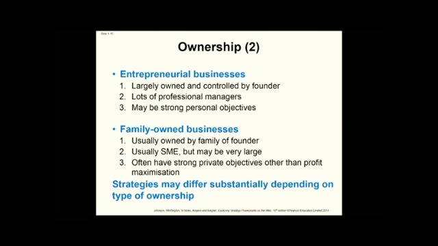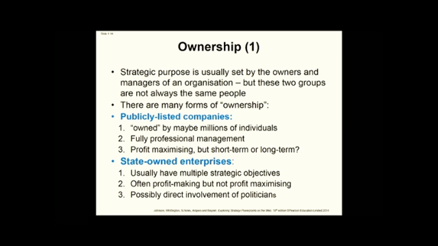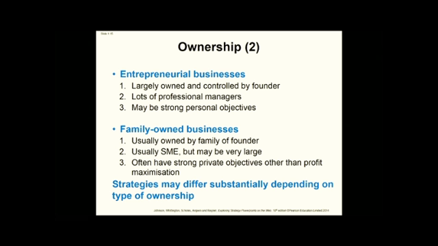It's a family-owned company. It's very large, but most family-owned companies are small or medium. And family-owned companies often have quite strong private objectives other than profit maximisation. Often, they're a bit like state-owned enterprises. They're profit-making, but not profit maximising.